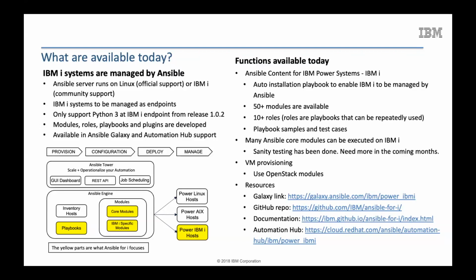Again, if you want official support from Red Hat, the Ansible engine right now needs to be on Linux. As of today, that should be x86 Linux. Some customers are asking whether we can support Linux on Power for Ansible engine, and it is under discussion, but as of today, Power Linux is not officially supported by Red Hat.